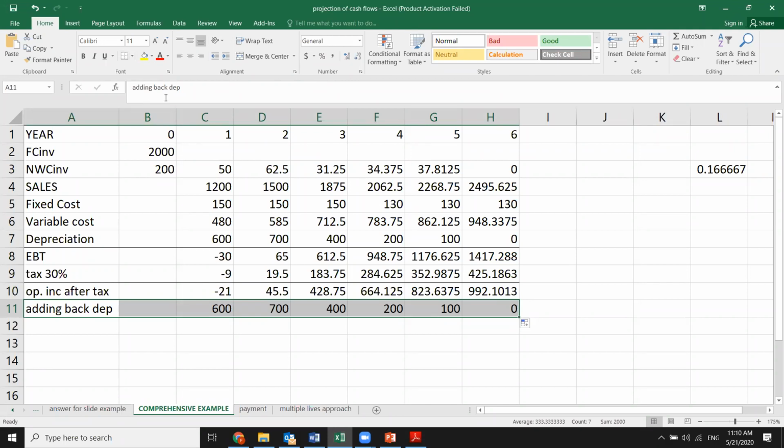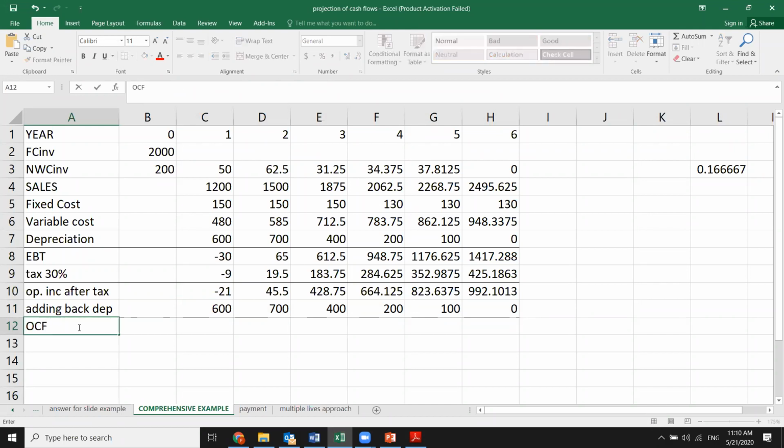After tax operating cash flow, then, will be equal. So the operating cash flows after tax that we were looking for is equal then, make it like this.